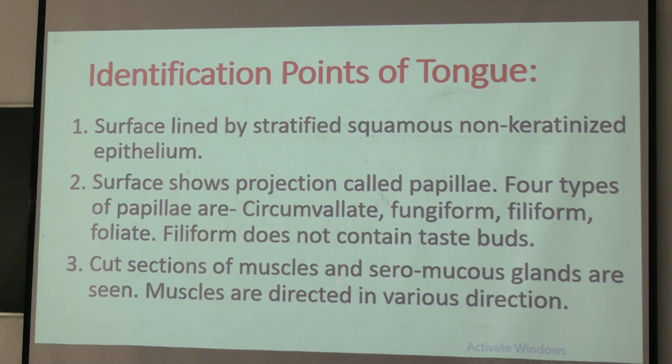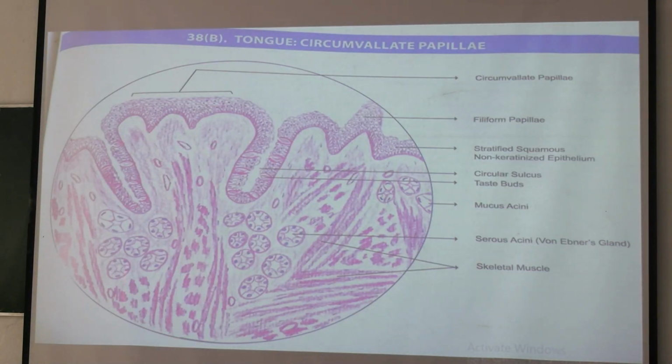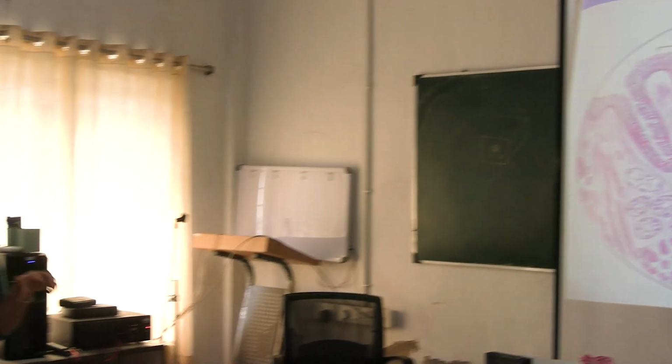Cut sections of muscles and seromucous glands are seen, and muscles are directed in various directions. And this diagram you have to draw in your histology copy. Draw this diagram and write down those previous points. During spotting you have to identify the structure and write down those identification points.